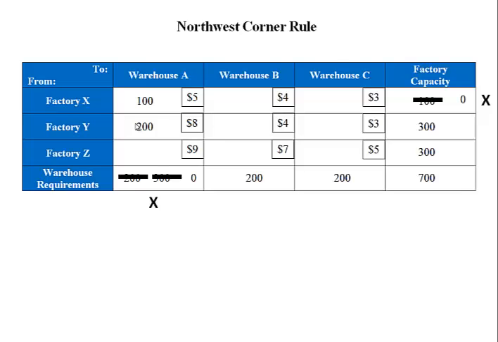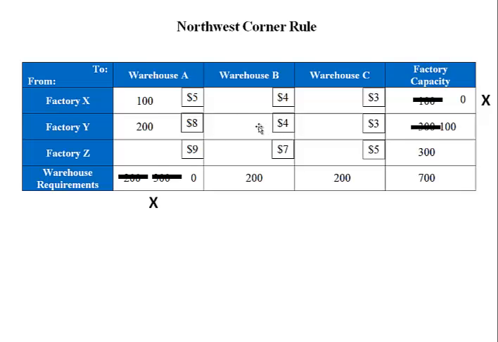Factory Y is delivering 200 to warehouse A. So if they deliver 200 of their factory capacity of 300, what is remaining of my factory capacity now is 100. So I reduce the factory capacity down to 100 based on what I've already done. Now we are ready to go to the next column.